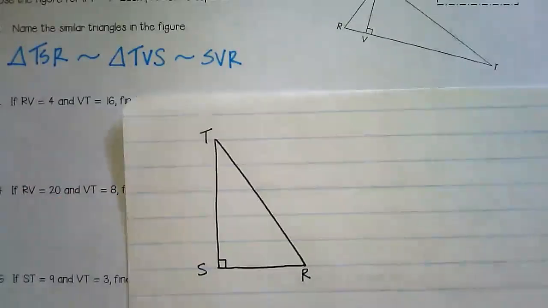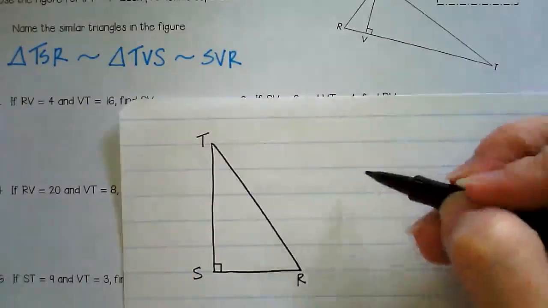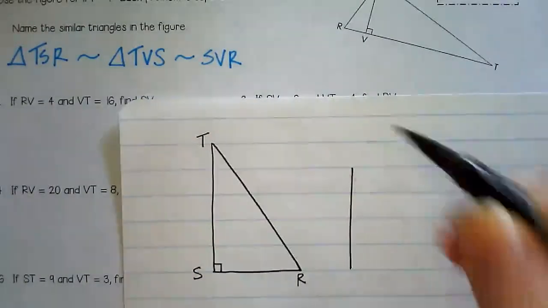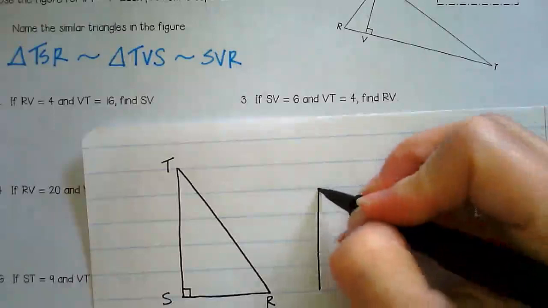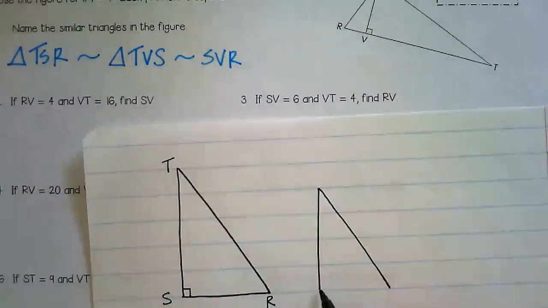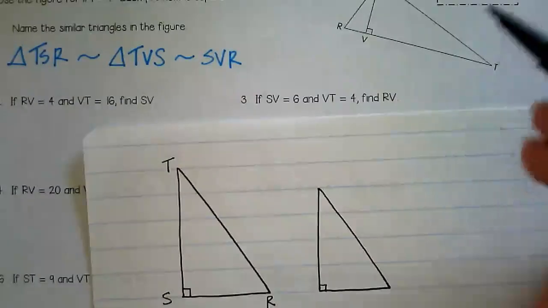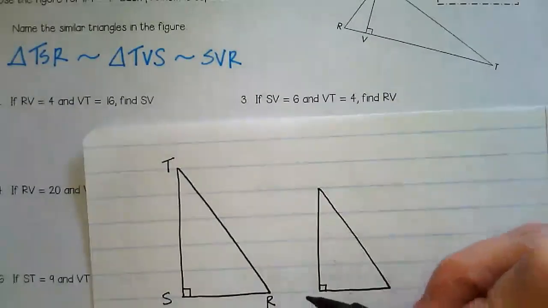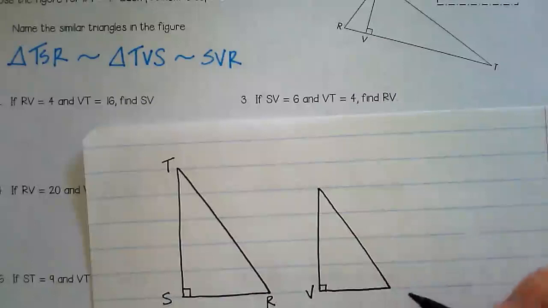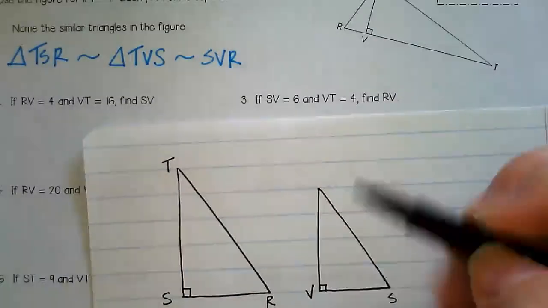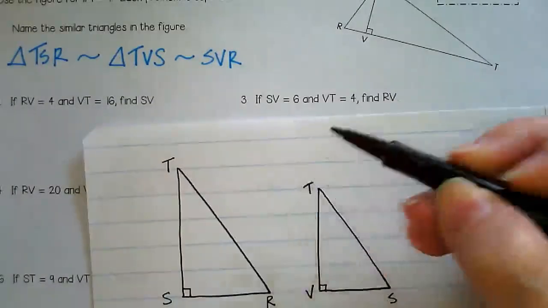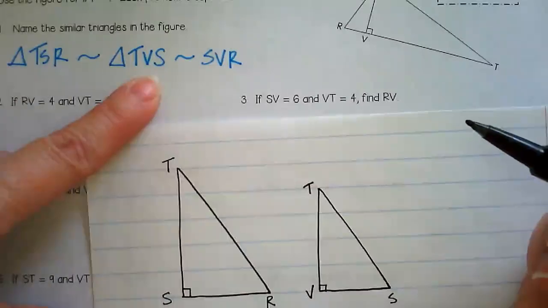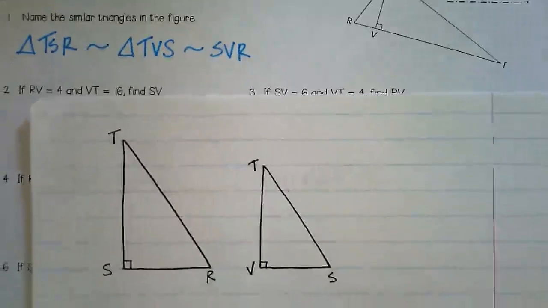So here is TSR. All right, then we have Mama Bear, who is not as big as Papa Bear, but Mama Bear, her right angle is the V, her short leg is VS, and her long leg is TV. So again, TSR and TVS match up right there.